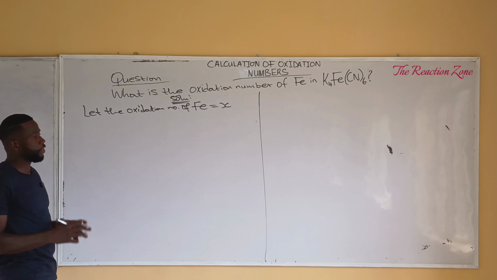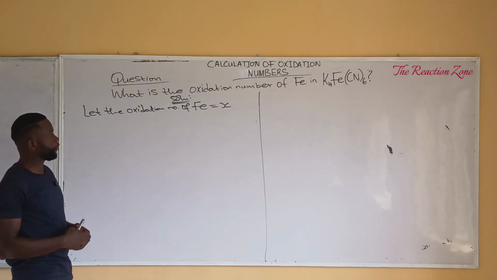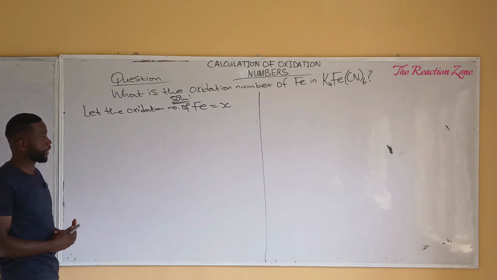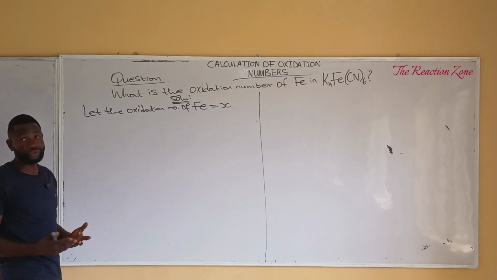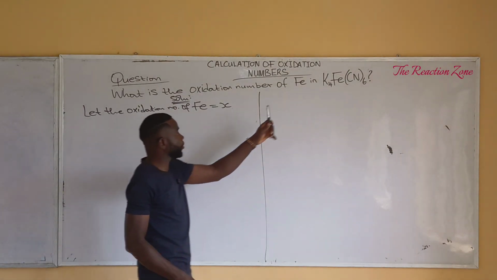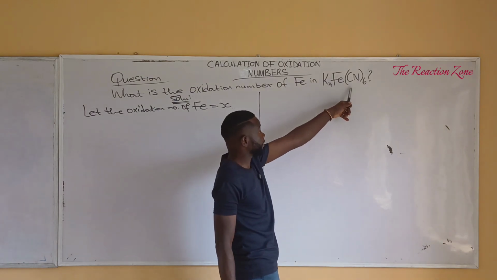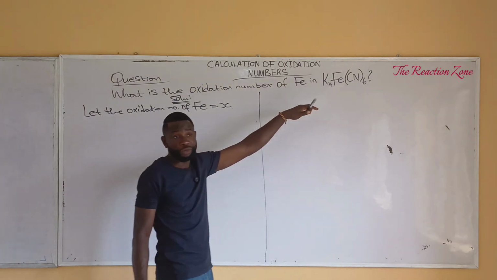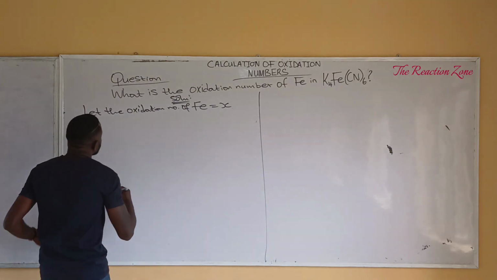Remember that the algebraic sum of the oxidation numbers of elements in the compound must be equal to 0. So it means that when we add the oxidation number of potassium with that of iron with that of cyanide in this compound, everything must be equal to 0.